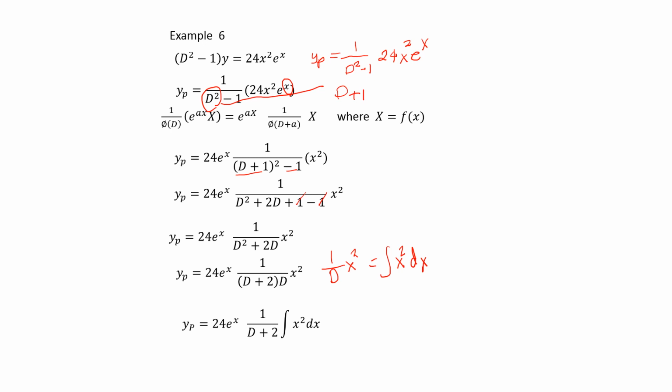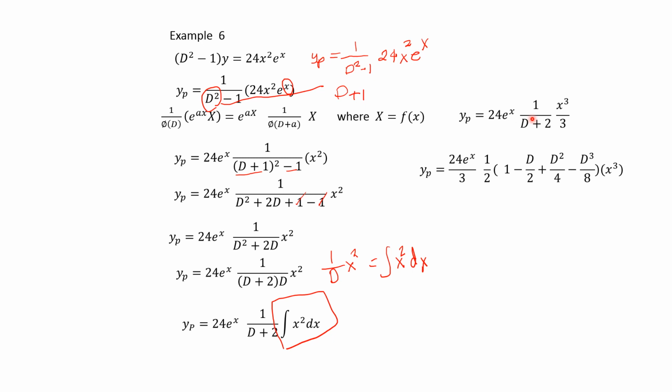That's why it's here. And then you are left with d plus 2. So the next step is the integral of x squared dx, which is x cubed over 3. Okay, so in the previous example, we know already how to do this.